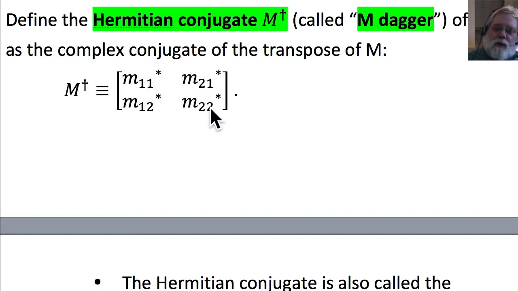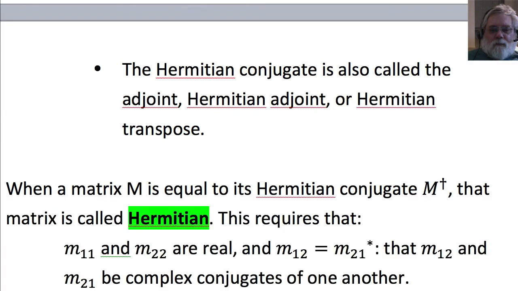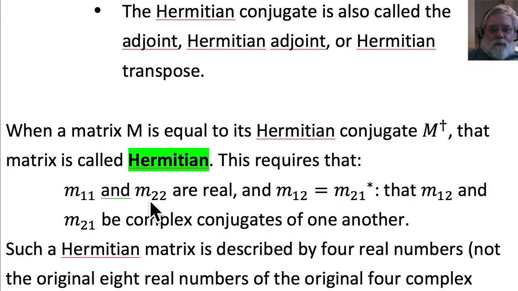M22 will have to be equal to M22 star. So those two must be real. Real numbers, when you conjugate them, are unchanged. So M11 and M22 must be real. And the other two numbers, M12 and M21, must be complex conjugates of one another.